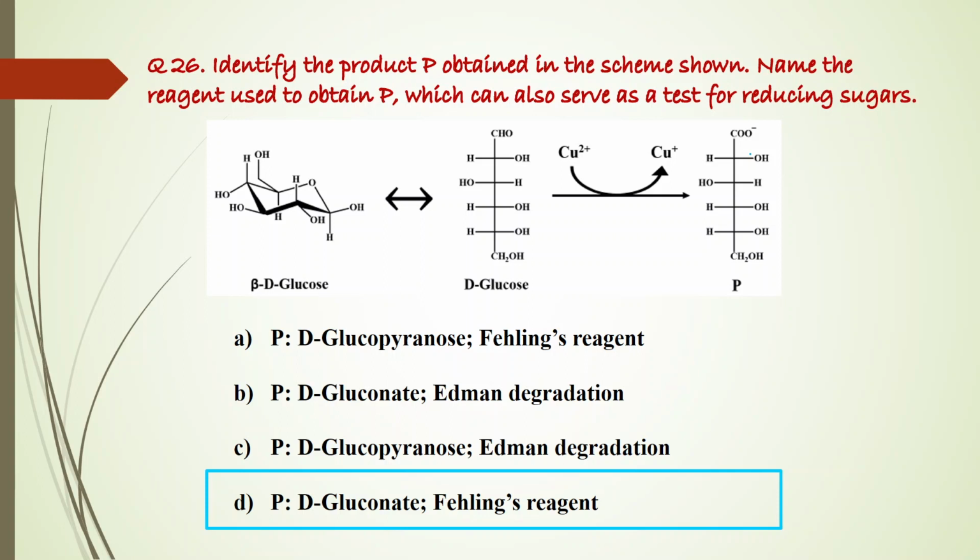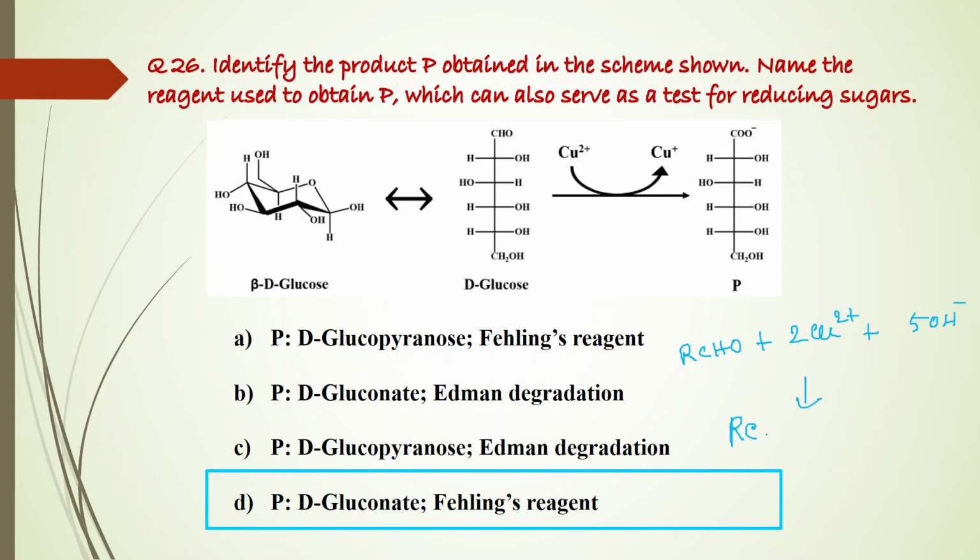That means it is D-gluconate, and the reagent that has been used here is nothing but Fehling's reagent, because if you do remember the reaction, it was something like this. RCHO plus 2 Cu2+ plus 5 OH minus in alkaline medium.